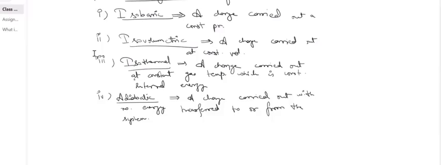Something like a valve that is opening and closing. Heat is not exchanging, the system is thermally isolated from the surrounding, because pressure is going in and pressure is coming out. Now you understood or not? Yes, ma'am. Okay, let me take all of them one by one.